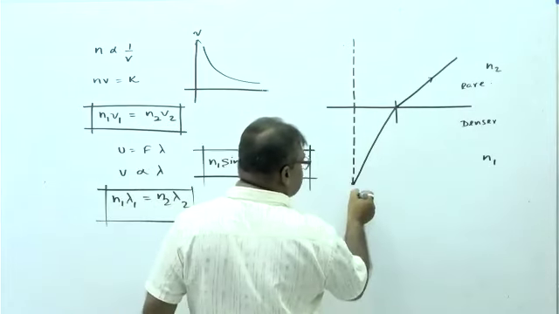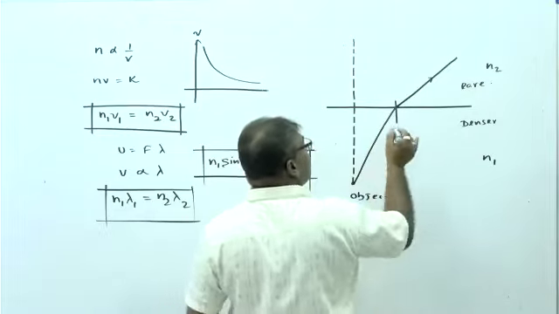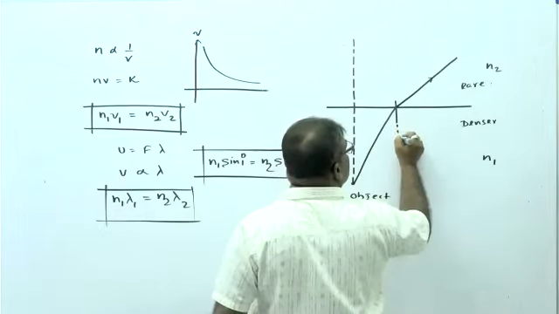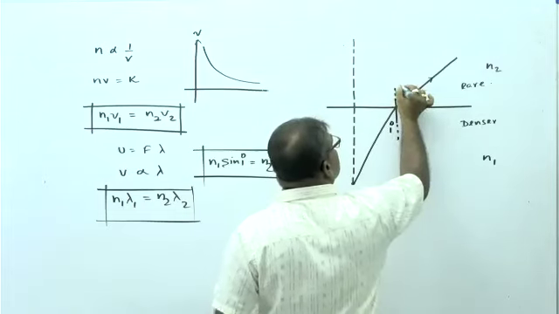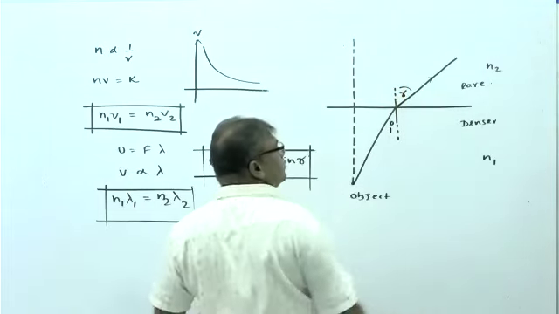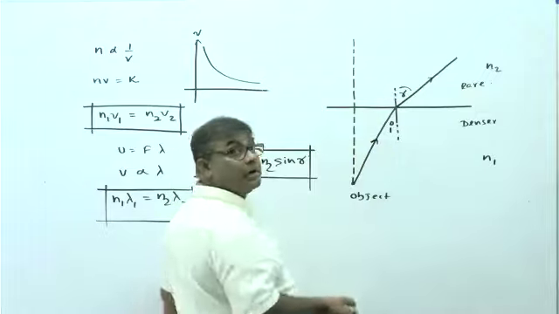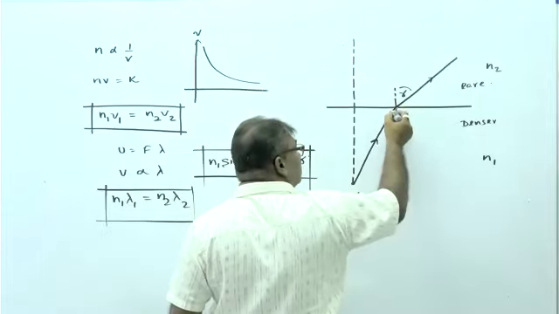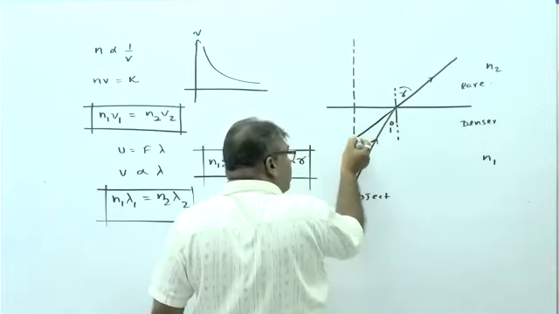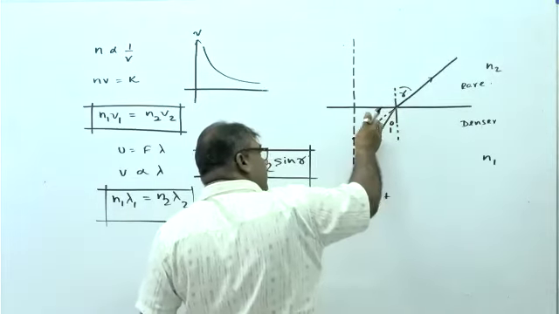This one is the point object. If you consider this angle is a very small angle, and the light ray coming closer to the vertical level, this is called the apparent location of the object, right?